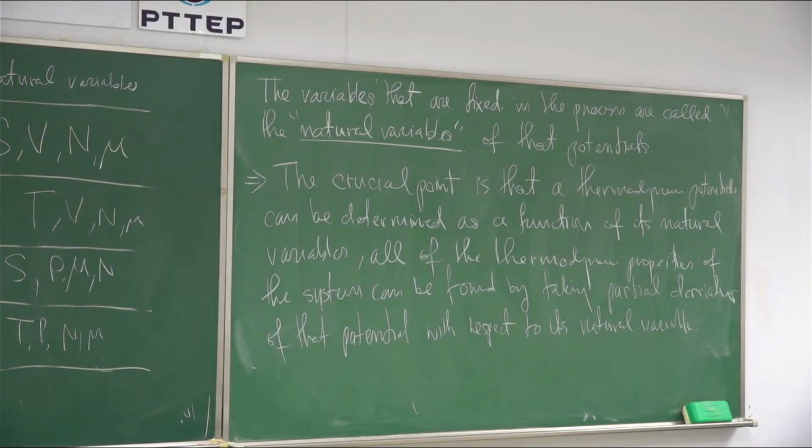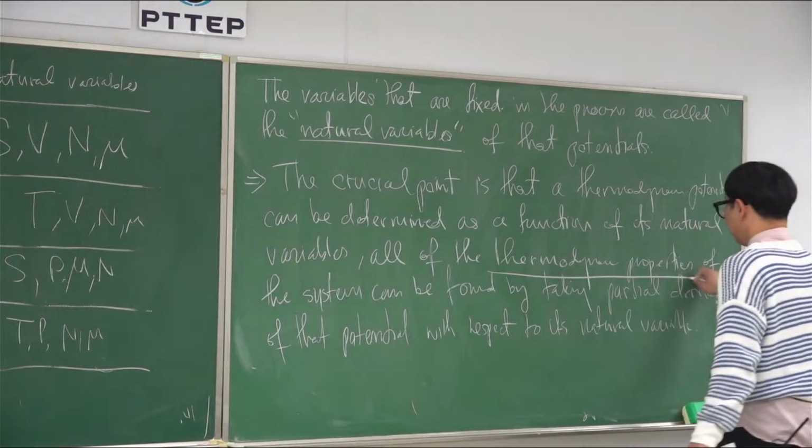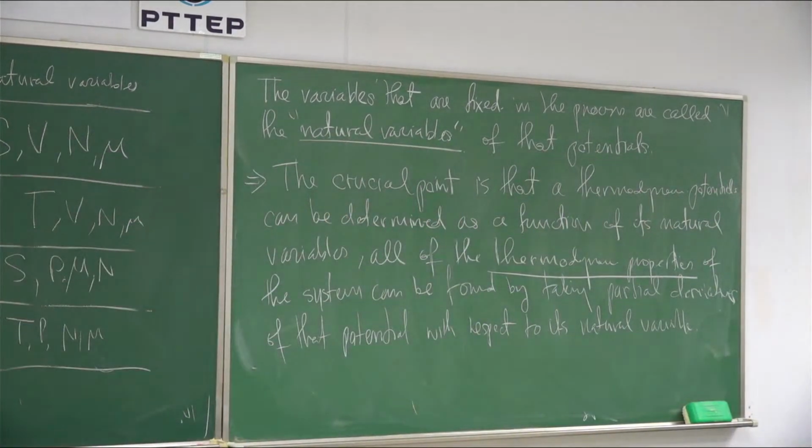If you choose to work with the Helmholtz variables, for all the thermodynamic properties you take the derivative of this Helmholtz function. You will get what do you get? I could not remember. Anyway, you get a physical quantity out of that, right? That is the thing.